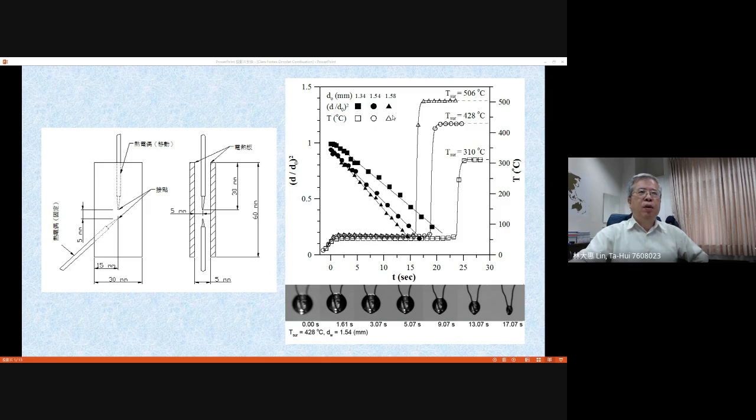You can see the solid symbols represent this data, and the open symbols represent the temperature inside the droplets. They are actually measured by the thermocouple junction, which is very close to the liquid surface, but the temperature represents the interior temperature of your droplet as a reference. You can see it from the data in this plot.